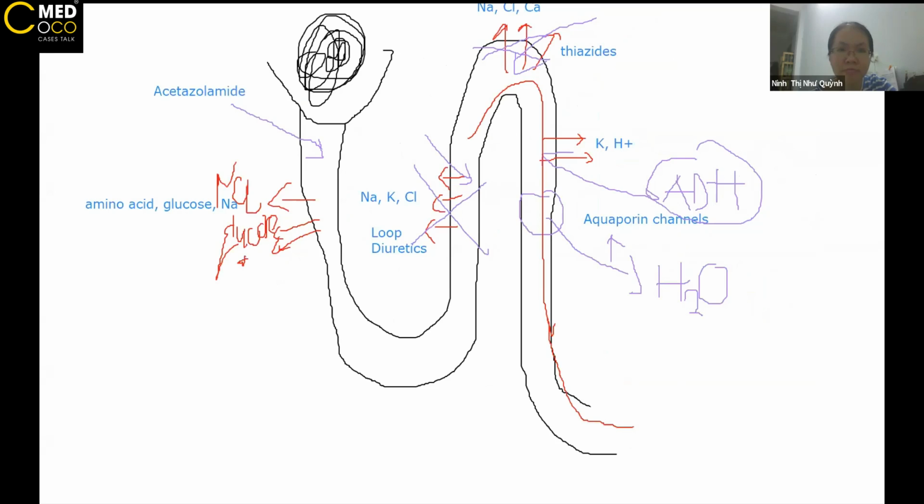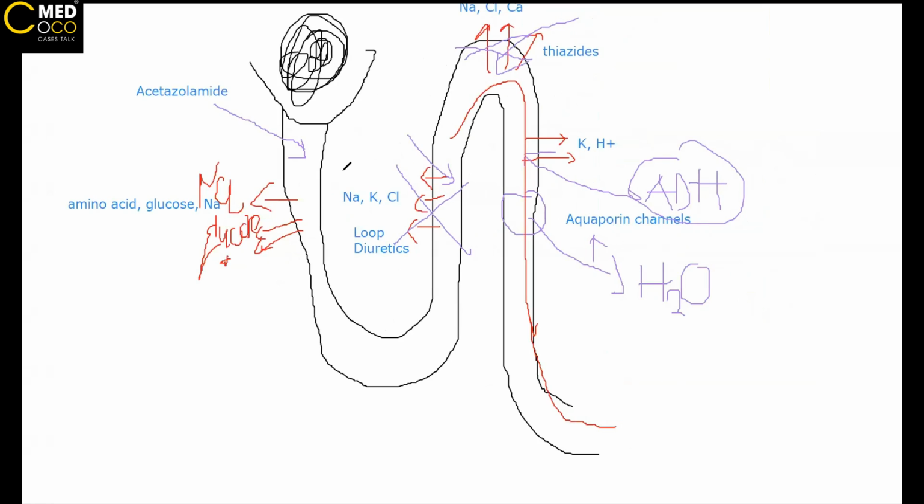Very, very basic about the nephron. This is super basic. It will be really necessary for you to understand the physiology, but I just want to talk about ADH. That's all. When we discuss all of this, it's another issue with the kidney.